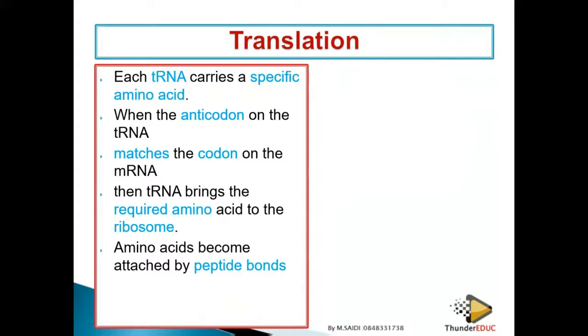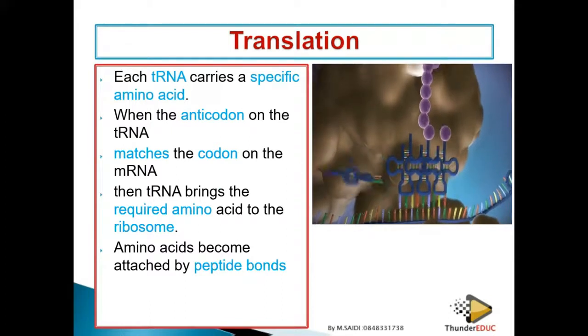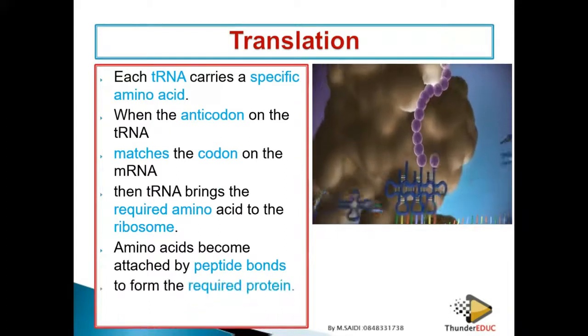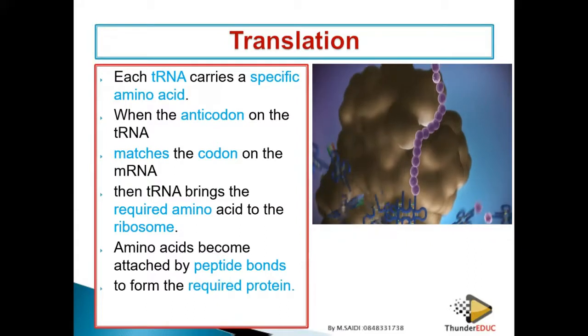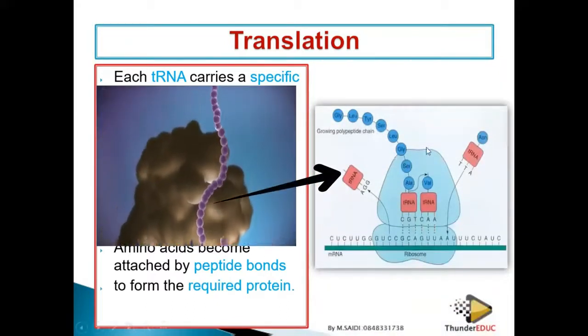If there are many, we call them peptide bonds, not polypeptide. When you say that, cross it. So amino acids become attached by peptide bonds to form the required proteins. That's what we want.